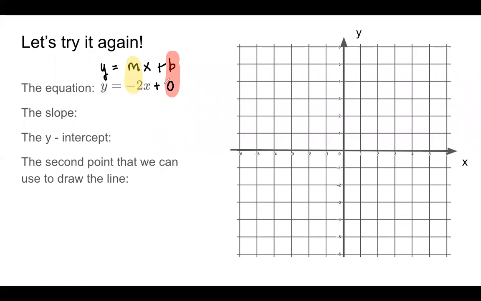If the y-intercept was a 0, then negative 2x plus 0 would give us negative 2x, and we wouldn't see that second term. So when you have an equation that only has one term on this side, just add plus 0 to find your y-intercept. Okay? So our slope is negative 2, and our y-intercept is 0. Okay, so the y-intercept is our starting point.